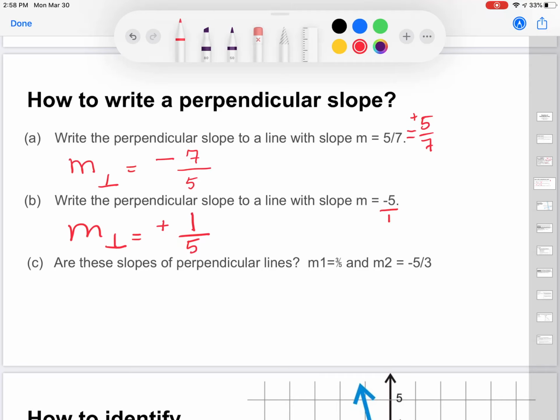So let me show you something else. If two slopes are opposite reciprocals, then I can easily tell if two slopes are perpendicular by simply taking the product. Okay?